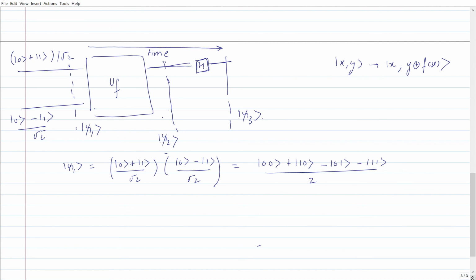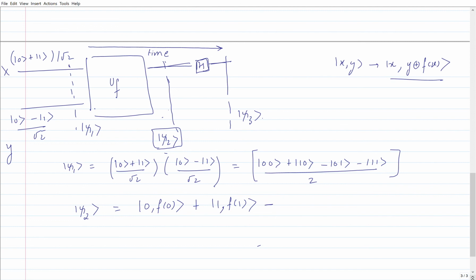Now psi2 is obtained after the application of the unitary gate. So psi2, if you look at it, I'm going to apply the unitary operator on this jazz. So I'm going to get 0 f0 for the first guy. I'm going to get 1 f1. Remember, this is the expression where y is this guy and x was this guy. Yeah, so I'm going to get 1 f1.